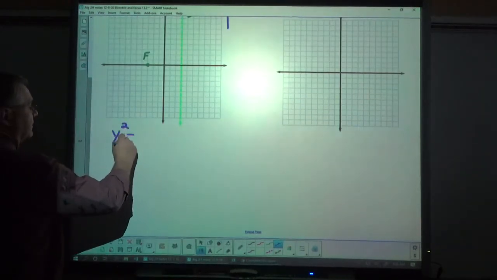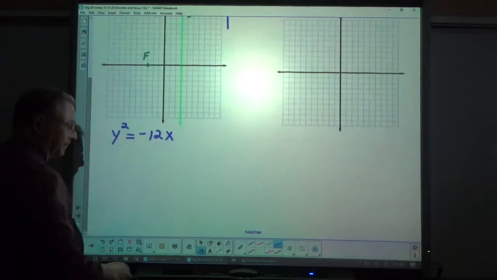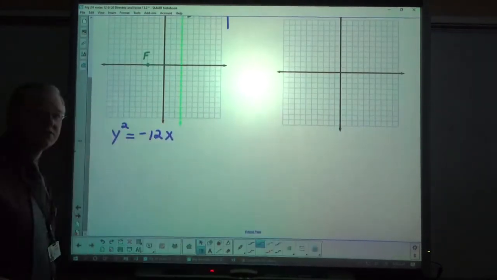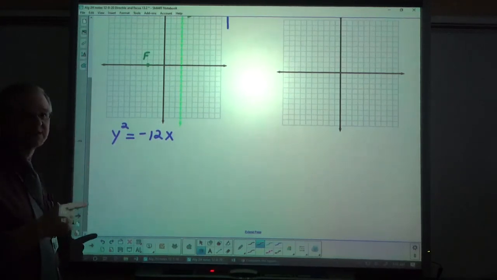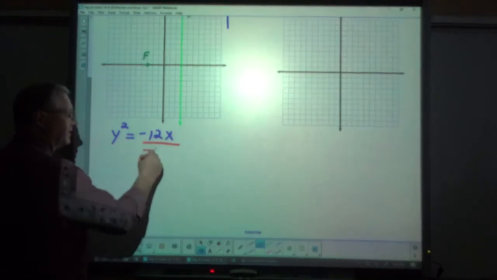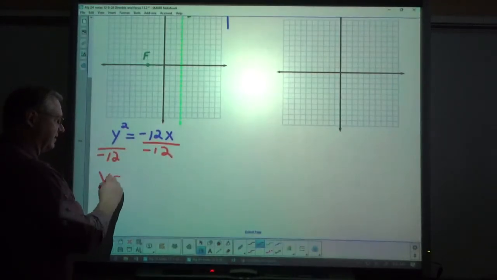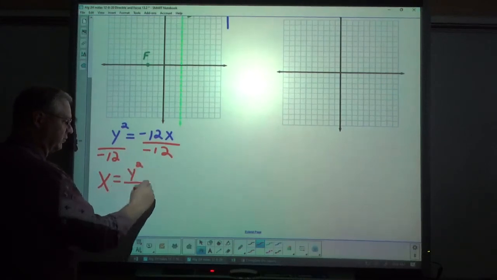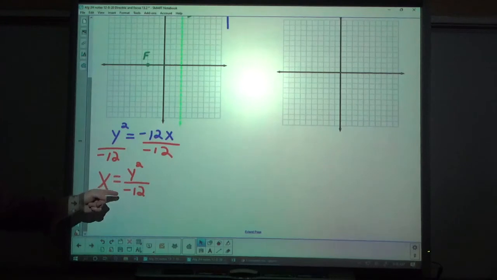Y squared equals negative 12x. This is going to be much easier to do if we have x by itself instead of y by itself in this case. So I'm going to divide by negative 12. So I get x equals y squared over negative 12. That's what I'm going to use to plug values in to get answers out.